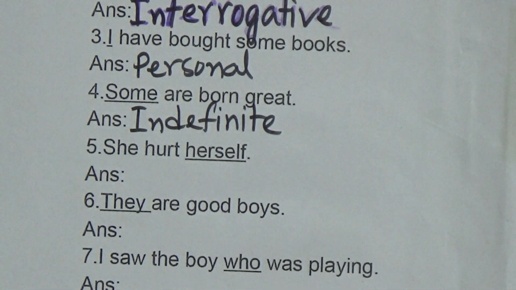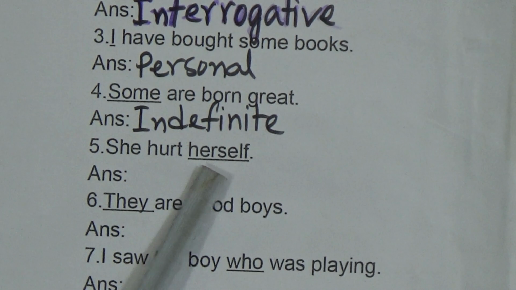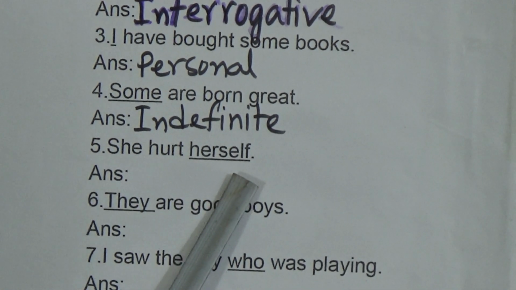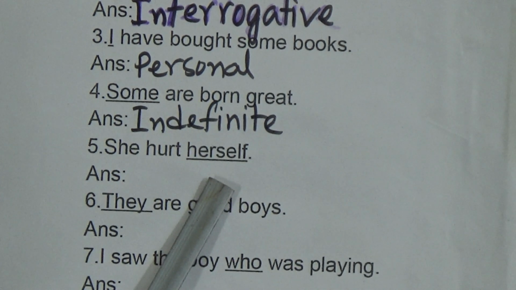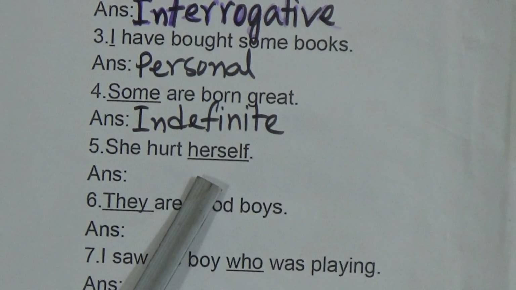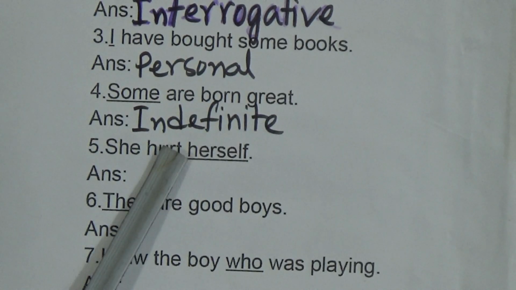Now number 5. She hurt herself. Now the word herself is underlined. So what type of pronoun is it? It will be reflexive pronoun. And when do we use reflexive pronouns? To put emphasis on the subject, right?